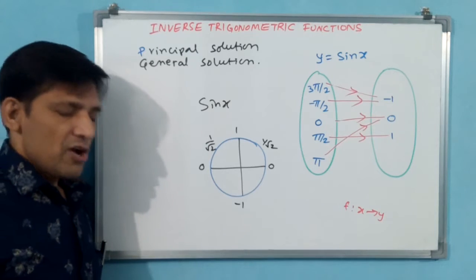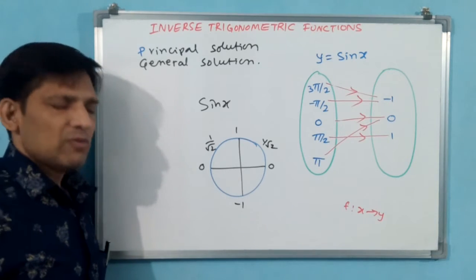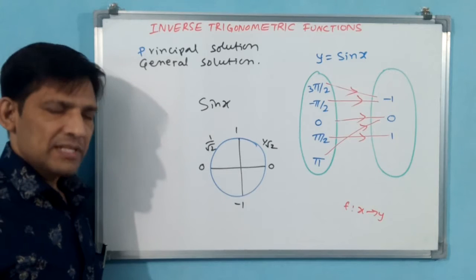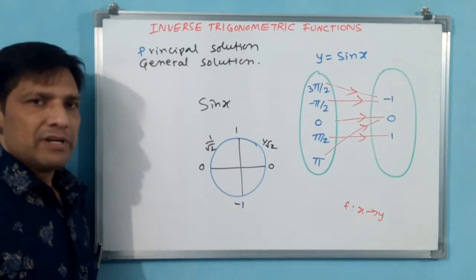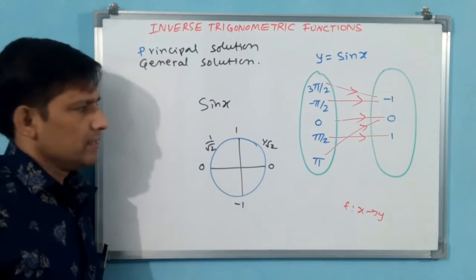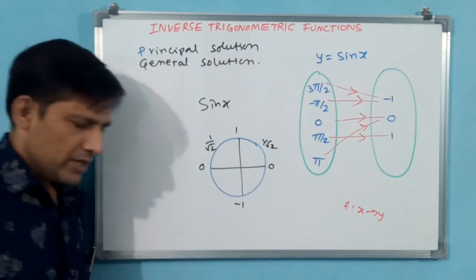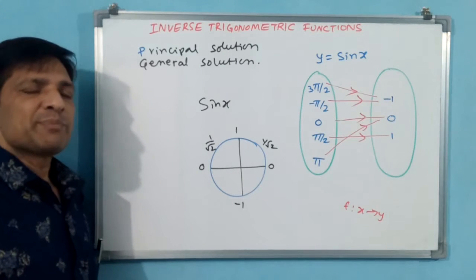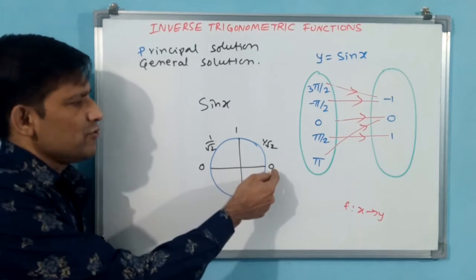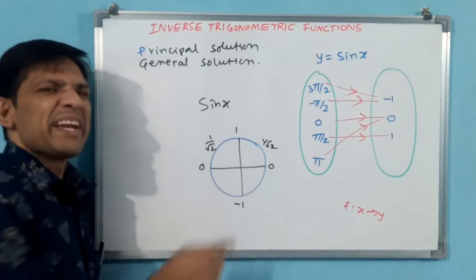Why? Because beyond 2 pi, or 2 pi and above, it will come under the general solution, with n belonging to Z. That I am going to write here as well. But what about the principal solution? The principal solution is the angle from 0 degree to 2 pi.